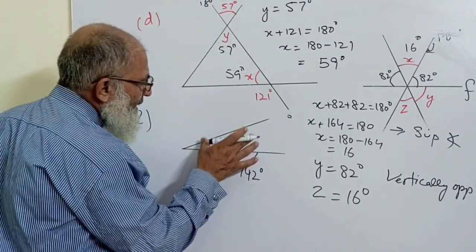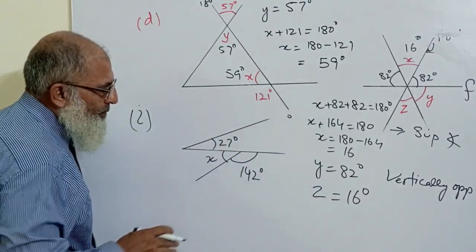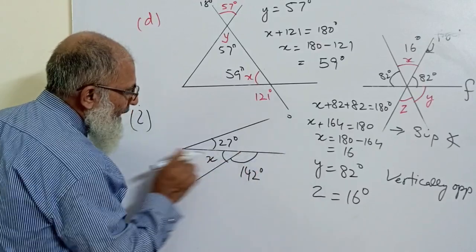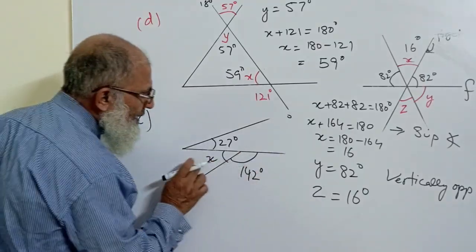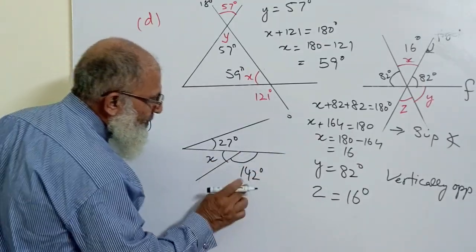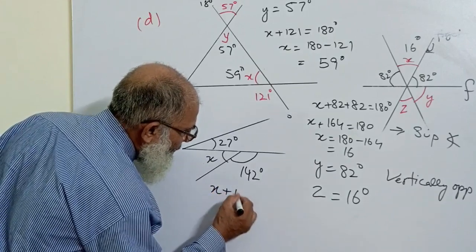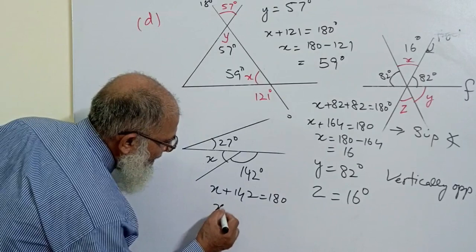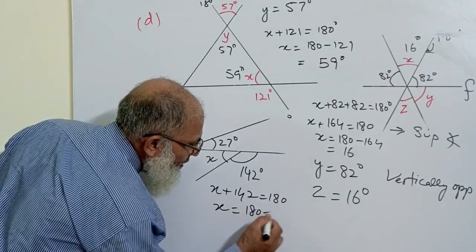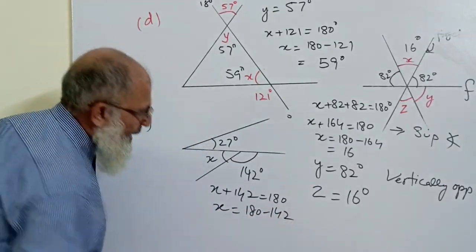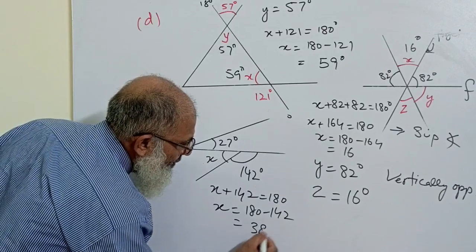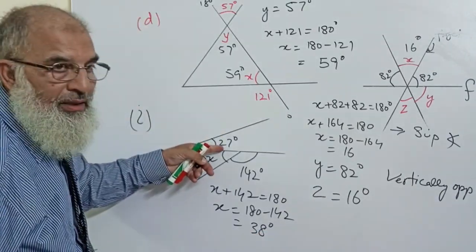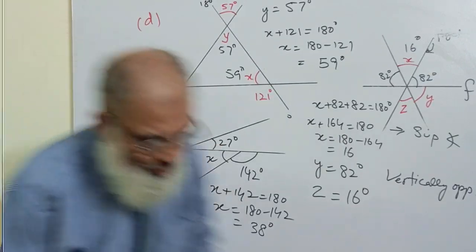It has nothing to do with this diagram, because to find x we have to use the supplementary angle. These are the supplementary angles. x plus 142 is equal to 180 degrees. Now x is equal to 180 minus 142, and x is equal to 38 degrees. It's so simple. This angle is given just to confuse you.